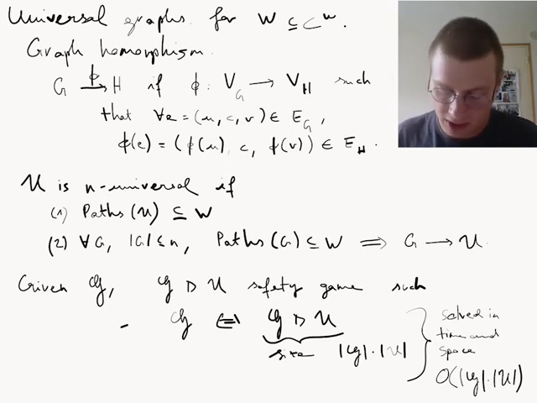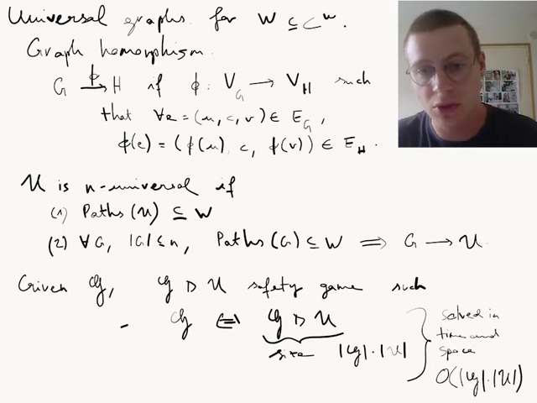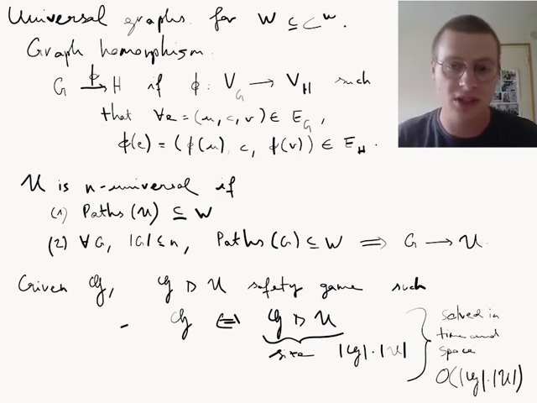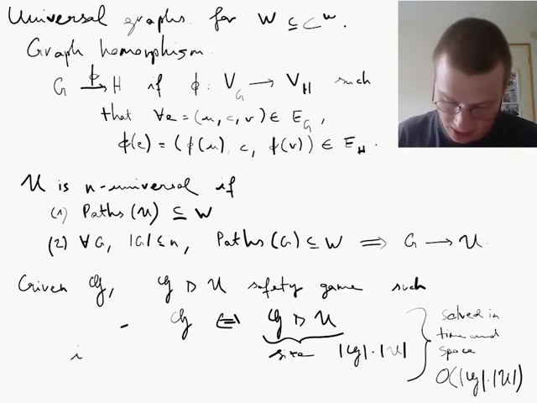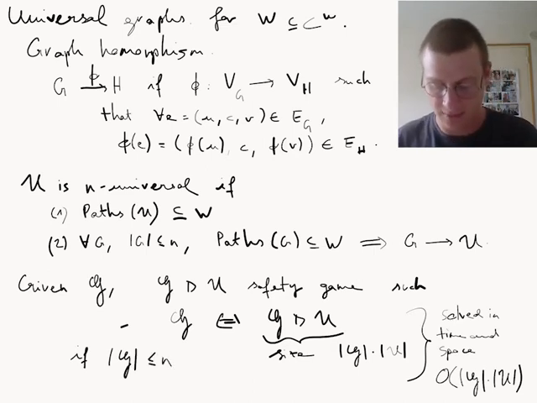So if we can find a small universal graph U, then we can efficiently solve games of size n. These are equivalent, of course, if the size of G is smaller than n.